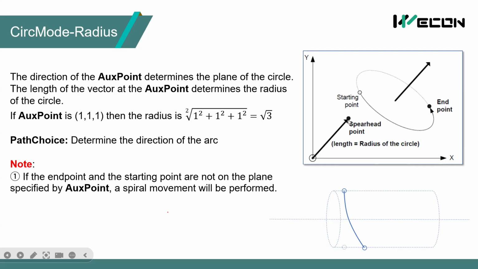For example, like this. And the length of the vector of the aux position will determine the radius of the circle. For example, if our aux position is 1, 1, 1, then the radius of our circle will be this value.